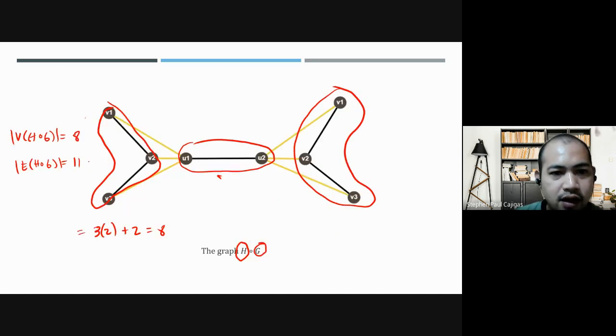Let's try to apply it. The number of edges of the original H we have is 1. We write 1 plus 2, the vertices, multiplied by the number of vertices of the second graph, that's 2 plus 2 again, then the vertices of the second graph, that's 3. Let's see if this will be equal to 11. This is 1 plus 4 plus 6. So yes, this is 11.